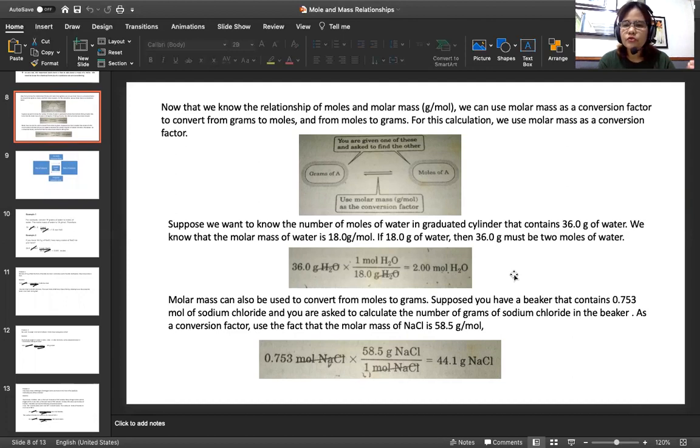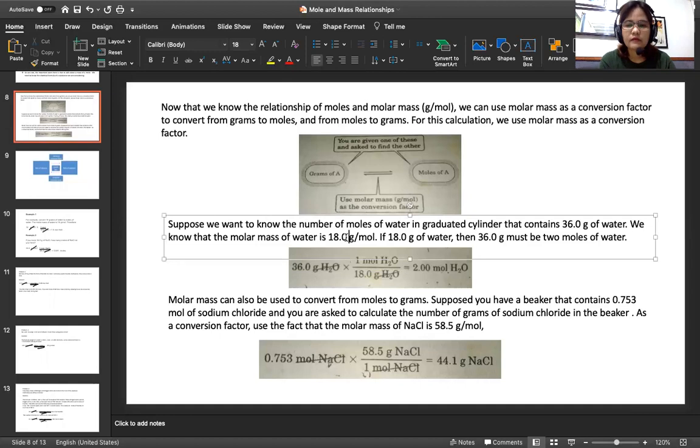So, sabi dito, meron kang 36 grams ng water. Gusto mong malaman kung ano yung molar mass ng water. Okay, so alam mo na na ang water ay may 18 atomic mass unit or 18 grams. Kailangan mo kasi yung grams na unit. So, if 18 grams of water, then 36 grams must be 2 moles of water. How do I solve these 2 moles?